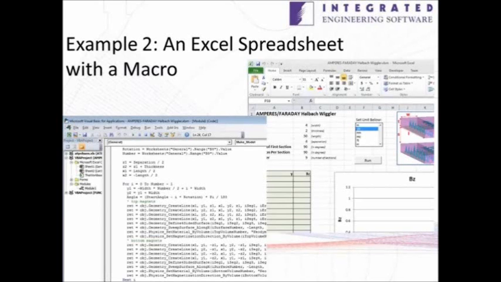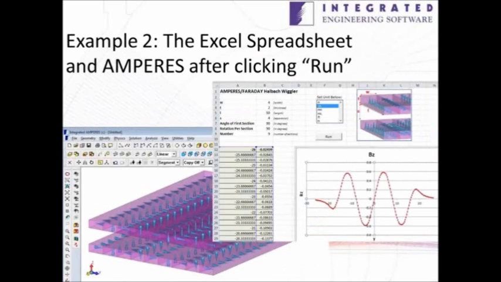What the user would see is the Excel spreadsheet that you see on the right. But what you would create along with the spreadsheet shown on the left that the user wouldn't see is some Visual Basic for Applications code that works as a macro within the Excel spreadsheet.